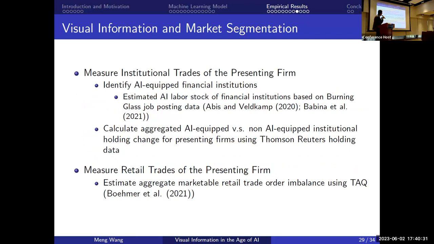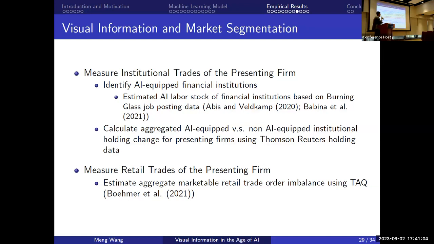To measure institutional trades of the predicted firm, the proxy we use follows the literature, Abis and others 2020 and Abis and others 2021. We estimate the AI labor stock of financial institutions in our sample based on jobs data. Basically, if you post artificial intelligence related skills in your job posting, we estimate the AI labor stock.